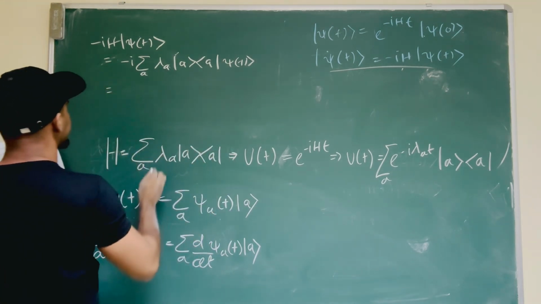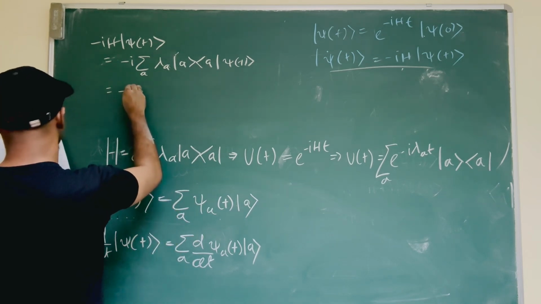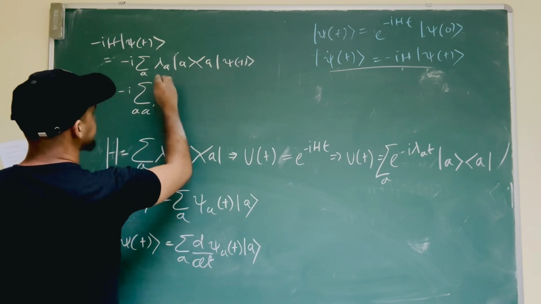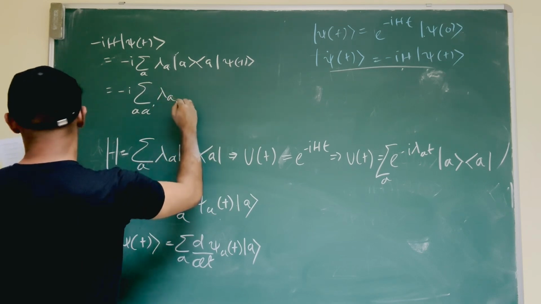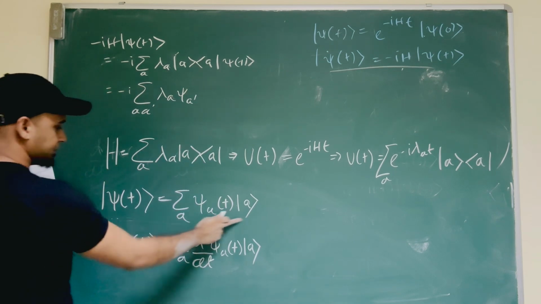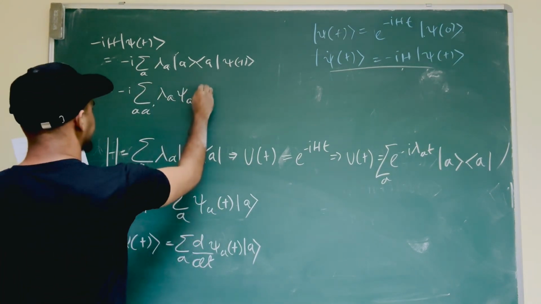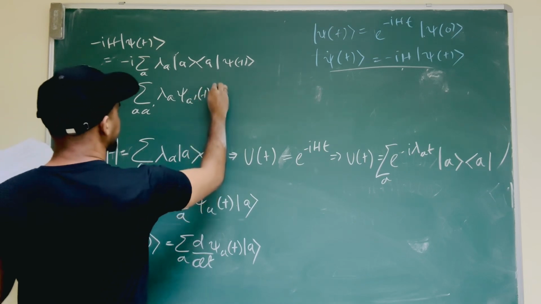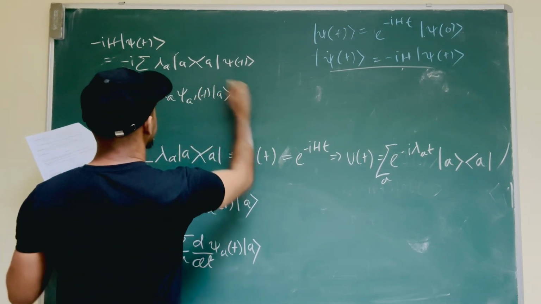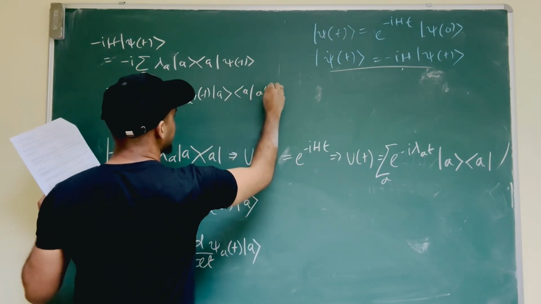We need another index, so that would be minus i, A prime, lambda A, and then psi A prime of t times |A prime>.